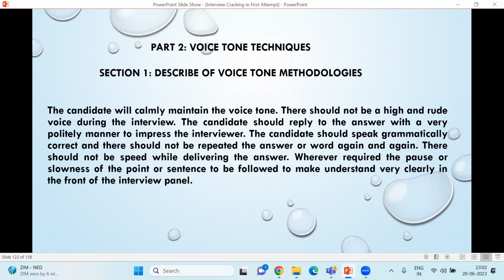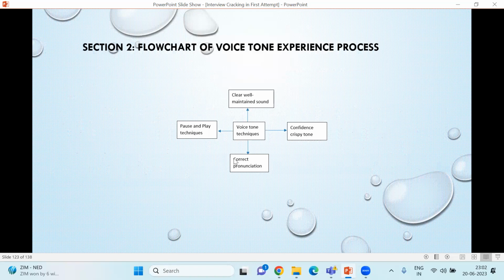And we'll move to the next slide. So, flowchart of voice tone experience process. There are 4 categories for the voice tone techniques. First is clear, well-maintained sound, which means it should be very clear words, and the speaking should be very clear grammatically when delivered in front of the interview panel.